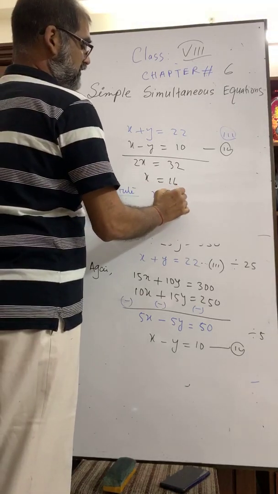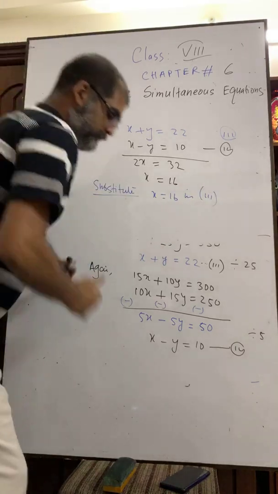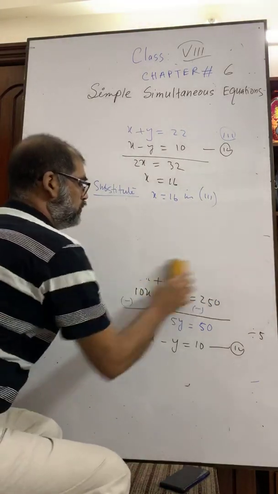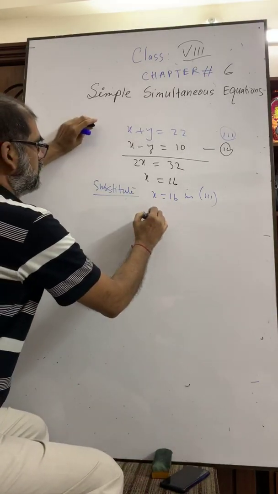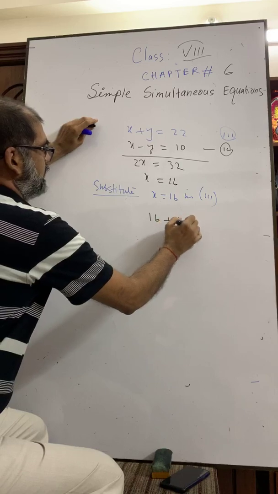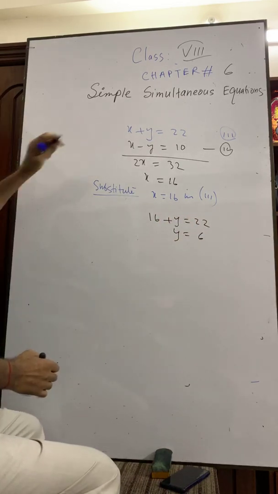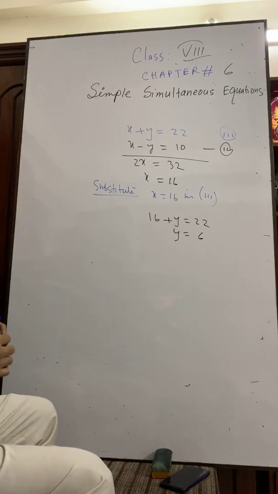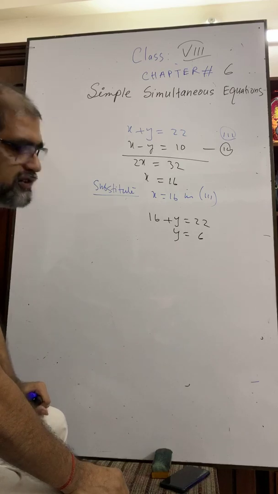Then what will we get? 16 plus y equals 22, y equals 6. So the price of a notebook is taka 16 and that of a pencil is taka 6.